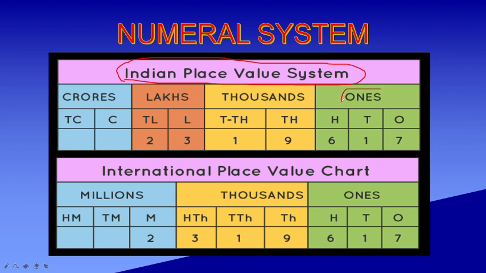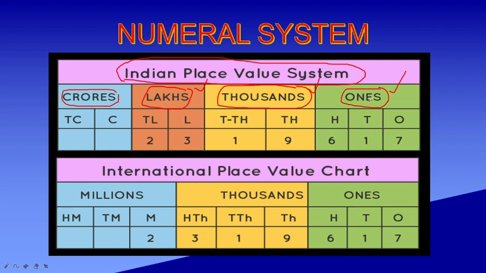From starting on the left side, the first period is ones, second period is thousand, third period is lakhs, and fourth period is crore. In this class we have to study only four periods up to crore. So we will see only the four periods, that is ones, thousand, lakh, and crore.